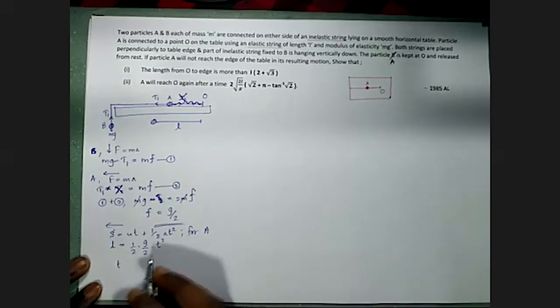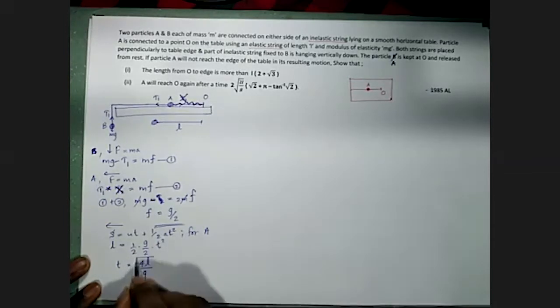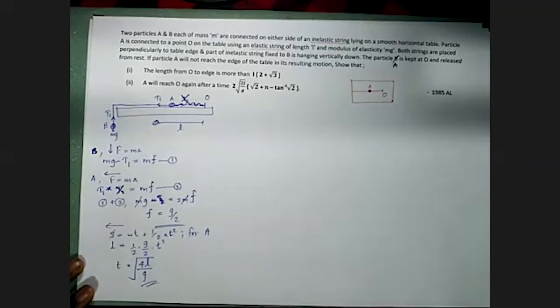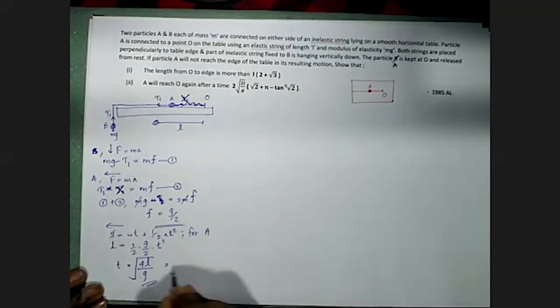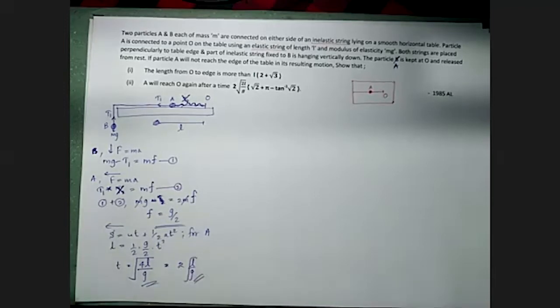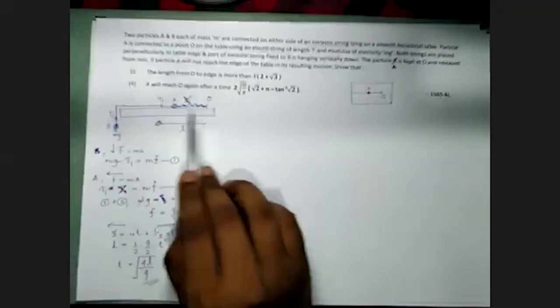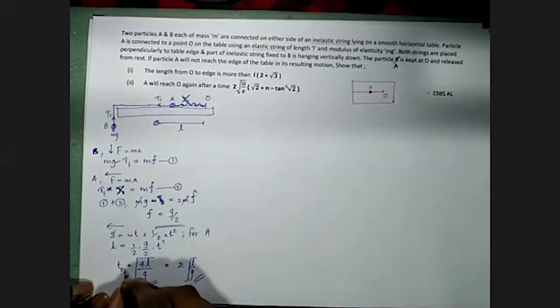Then what is the time? 4L over g, square root of that. Then I can write it as 2 square root L over g also. So that is the time taken by this particle to move from O to A. Let me label that as T_OA.